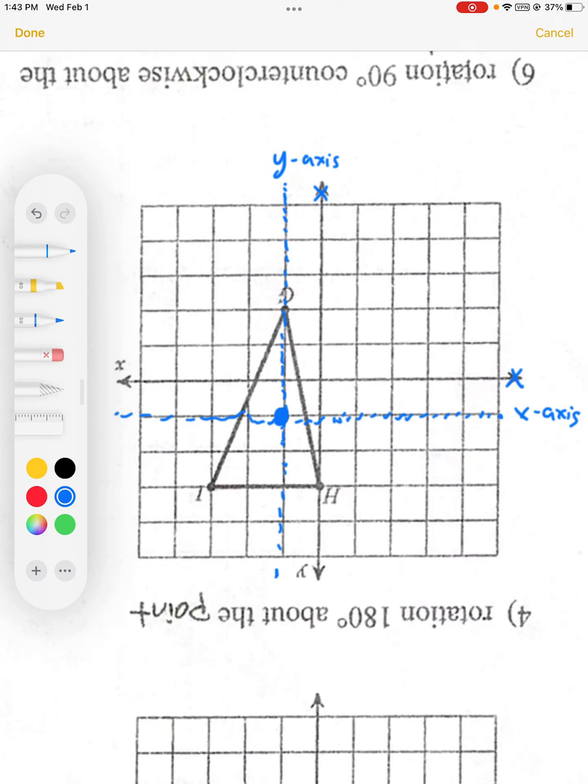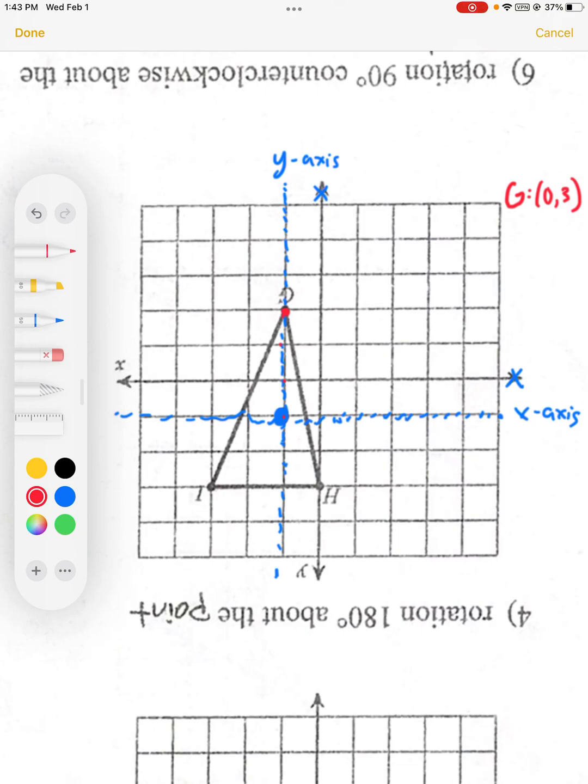From here, I'm going to make a handy-dandy little list of our points. So, using our new axis, where is point G? Well, we don't go either way, left or right, but we do go up 1, 2, 3. So point G is going to be 0, 3.